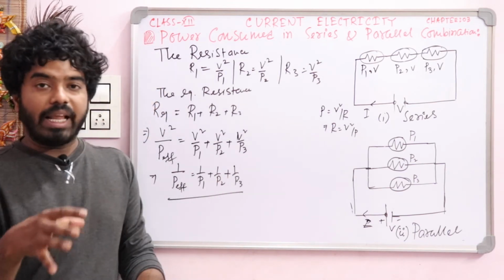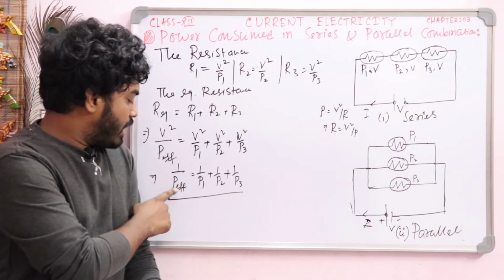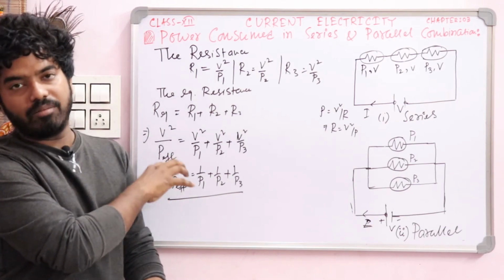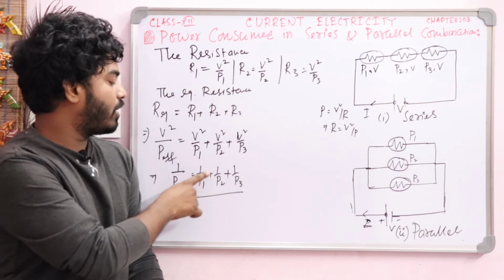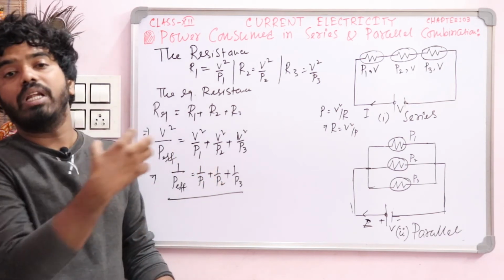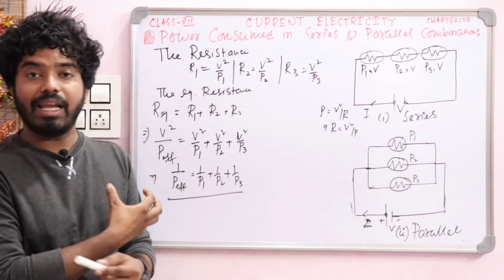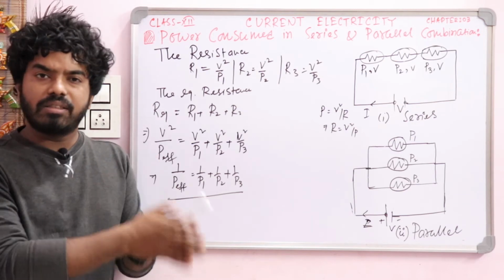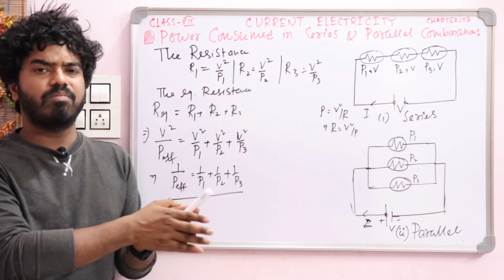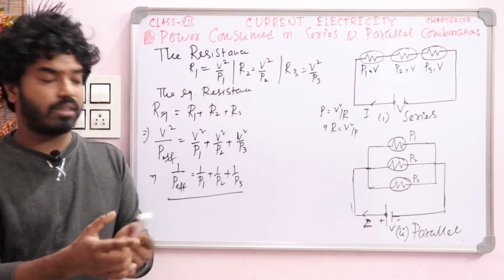So when the electric appliances are connected in series, 1 by P effective is equal to the summation of the reciprocal of the power of the individual appliances. In this way, if we consider n number of bulbs, n number of electric appliances connected in series, each having power P, then what is the equivalent effective power?